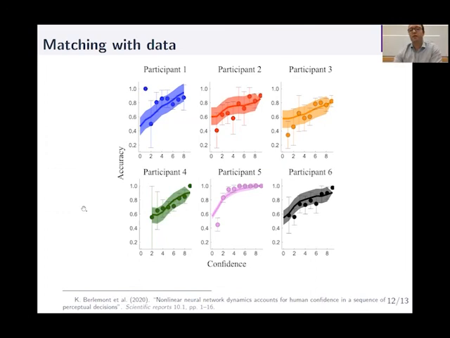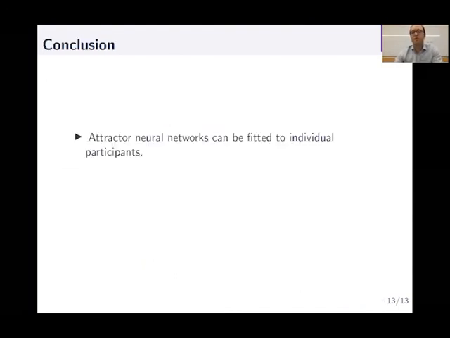And so to conclude this talk, I'm going to recall the three main points. First, attractor neural networks that come from the study of neuronal data can be fitted to behavioral data of individual participants, which means they are not just correct to explain neural behavior.